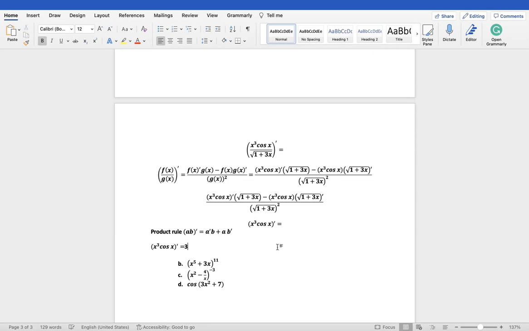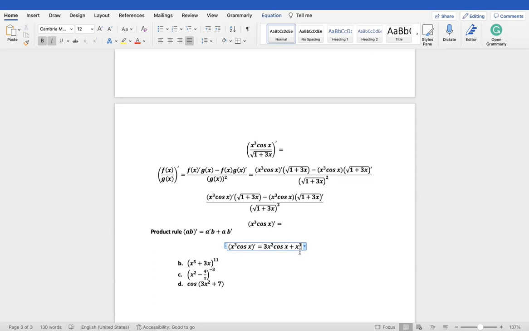So the derivative of x cubed is 3x squared multiplied by cos x, which is our b, plus x cubed multiplied by the derivative of cos x.